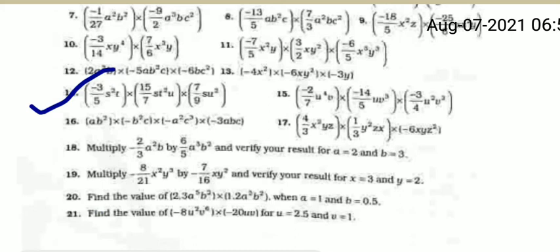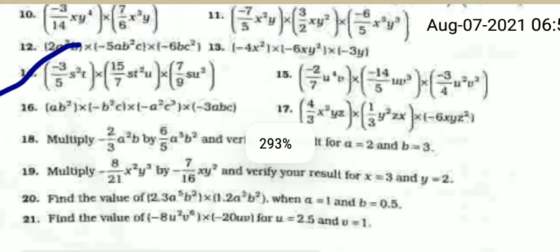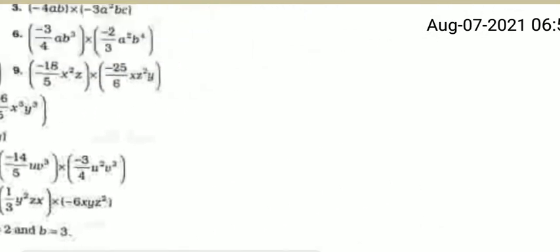So let's see the first question, question number 14. Now I am going to show the question.